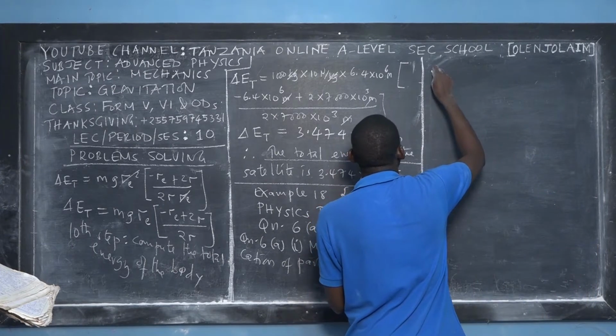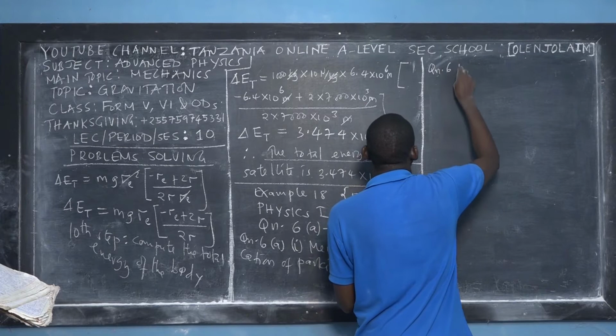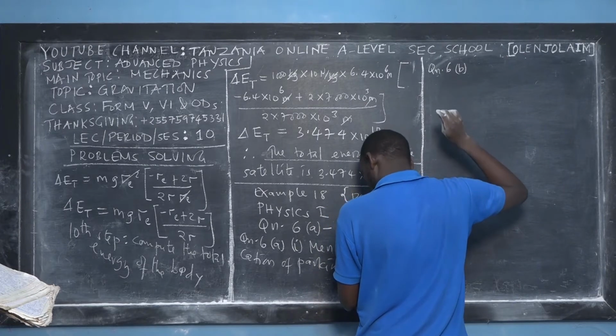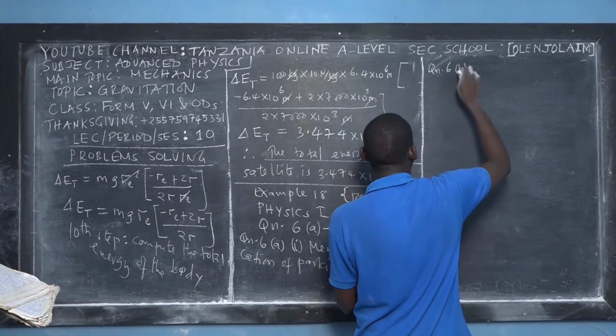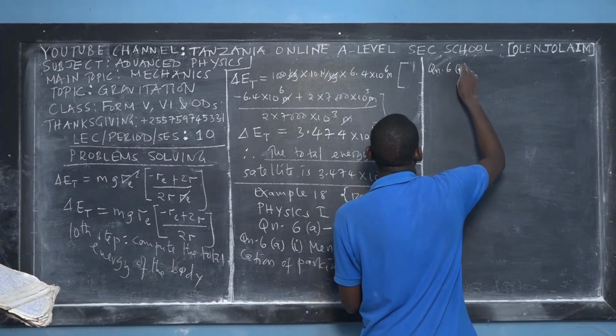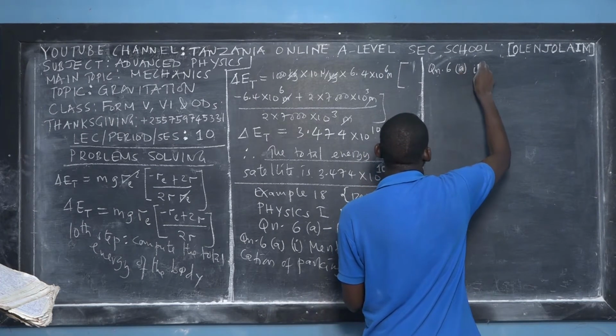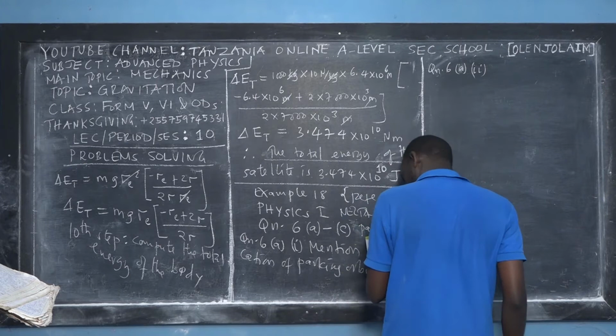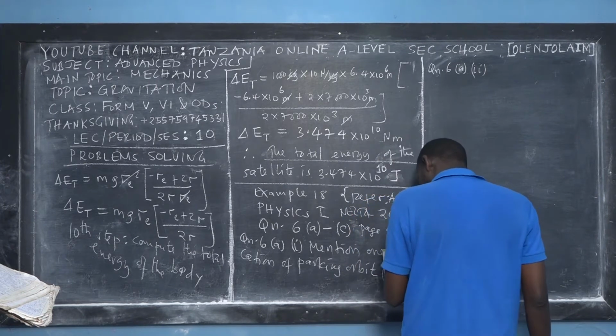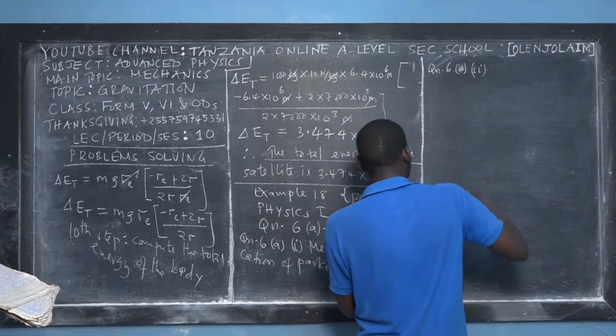Then you have question number 6A, Roman 2. The question says: briefly explain how the parking orbit of the satellite is achieved.